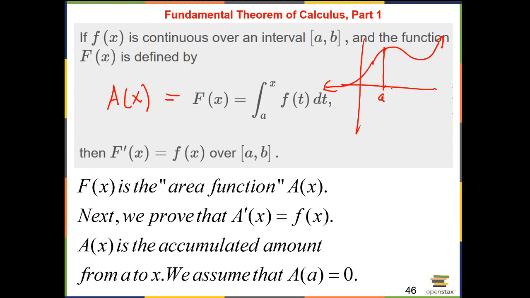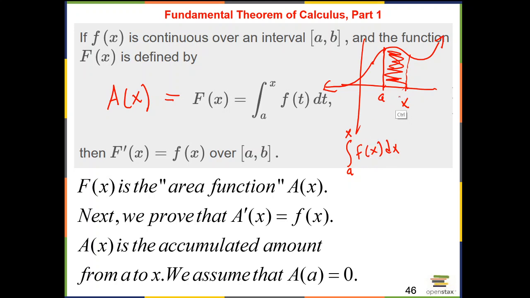This function goes maybe this way and that way forever. Now we're going to pick a number, let's say x here, and then we're going to find the area under this. Well, we know what that is. That would be a definite integral of f of x dx from a to x. But if we put an x there, we can't use the same variable here, right?